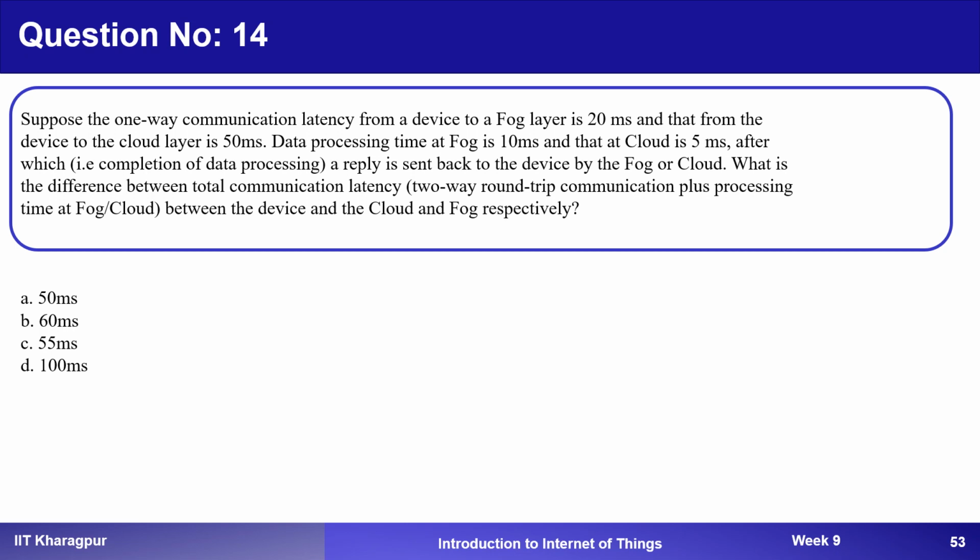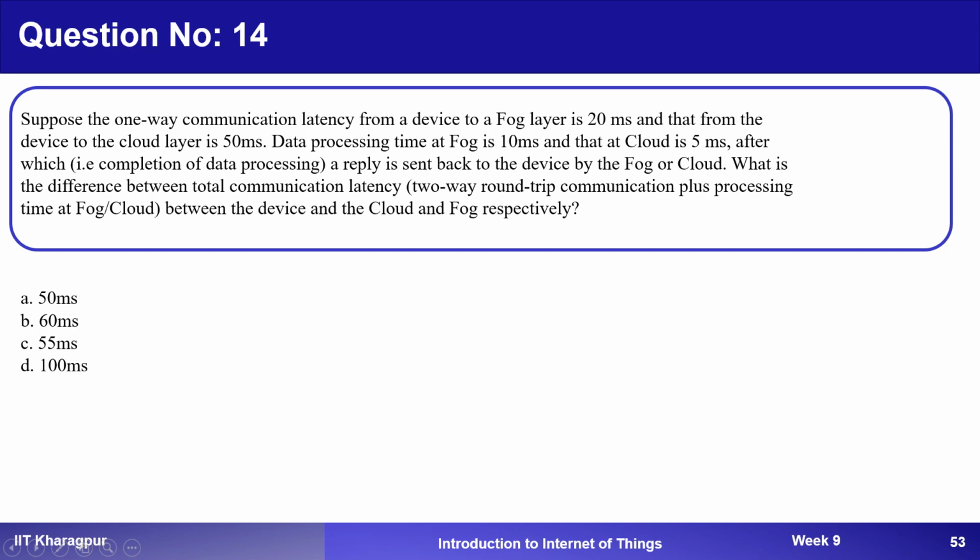So basically for your cloud, the one-way communication latency is 50 millisecond, so two-way will be 100 ms, and the processing time is 5 ms. So total is 105 ms for cloud.